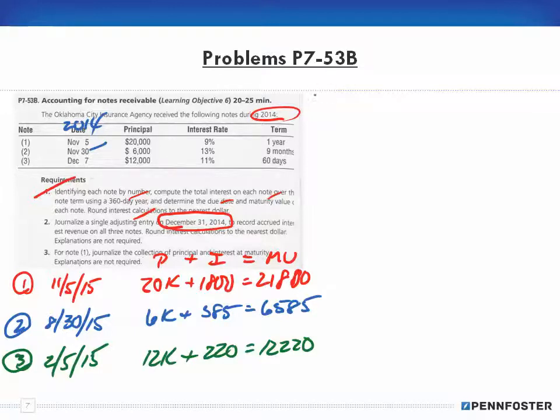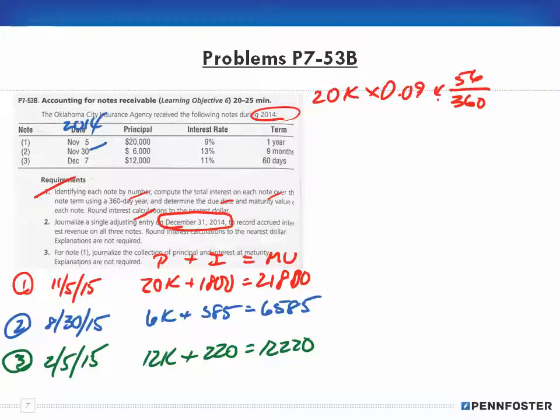All right. So for note number 1, I have 20,000 times my interest rate of 0.09, but the note started on November 5th, and I'm going to December 31st. Okay. So how many days is that? That's 56 days, and I'm dividing that by 360.